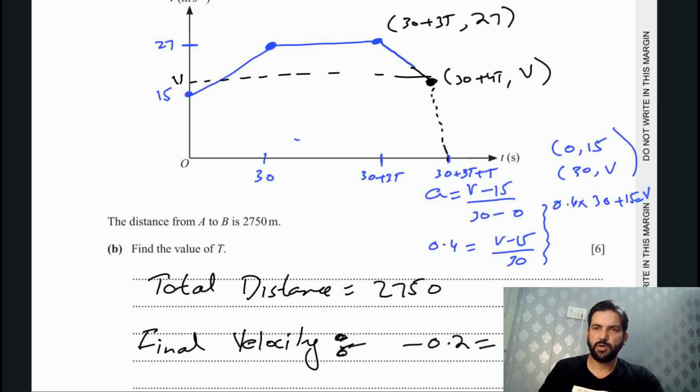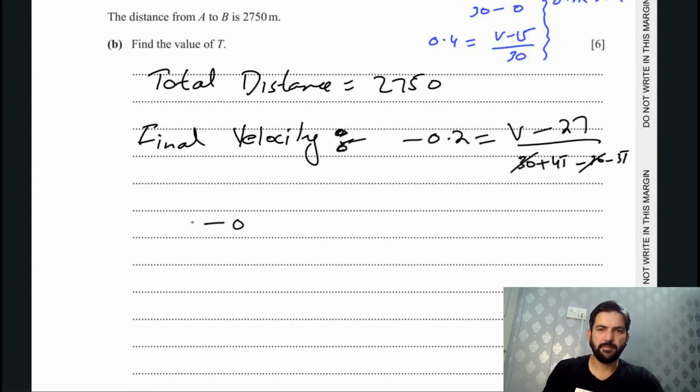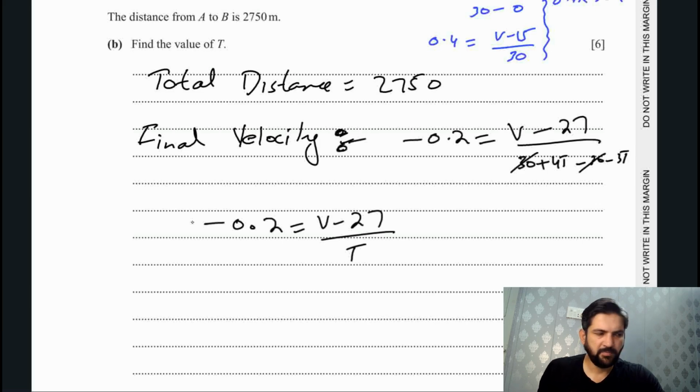Now v minus 27 divided by 30 plus 4t minus 30 minus 3t, which equals t. So basically the final velocity, minus 0.2, is equal to v minus 27 divided by t, and from that we can say that v equals minus 0.2t plus 27. So this will be the first equation.